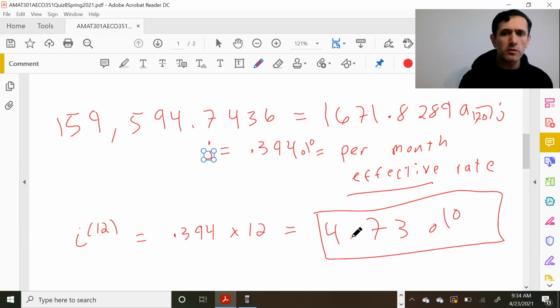Annual rates of return are always a good benchmark, and that's why I want I-12, not the effective monthly rate. Put it this way, this is the monthly effective interest rate, and I can't fit interest here.